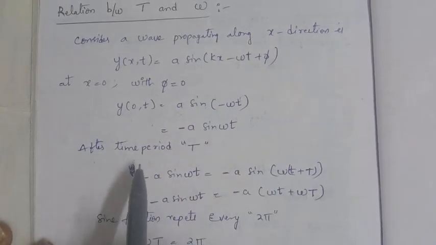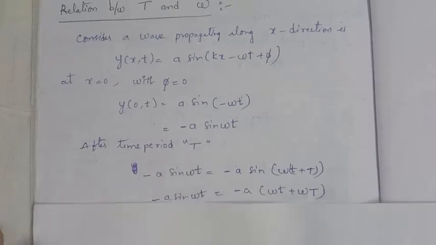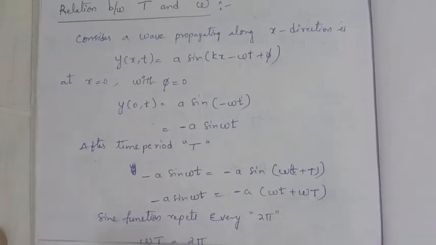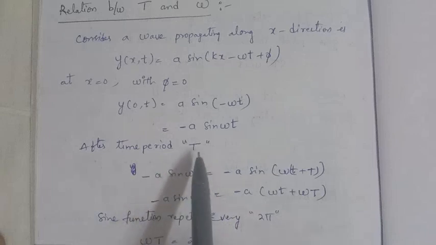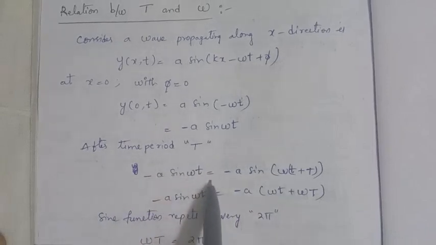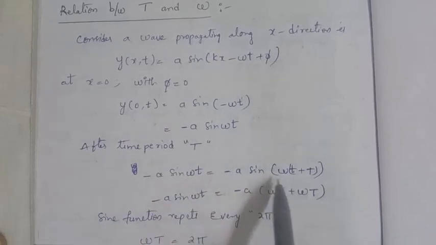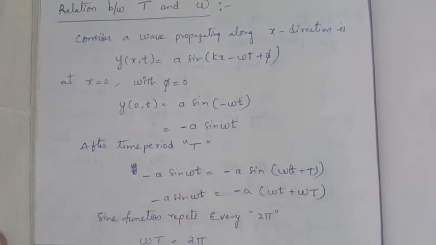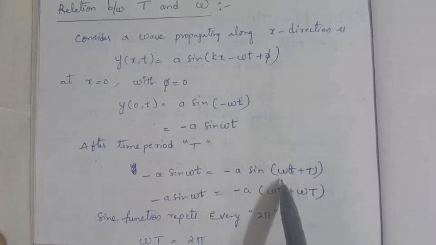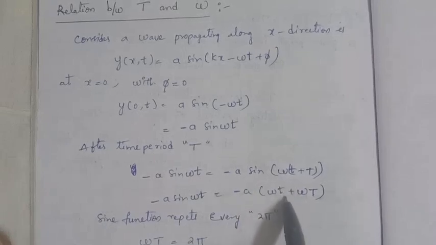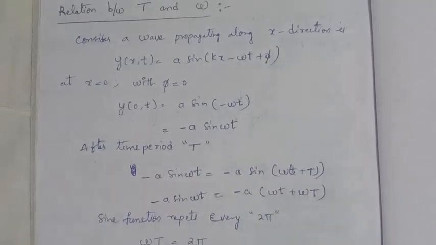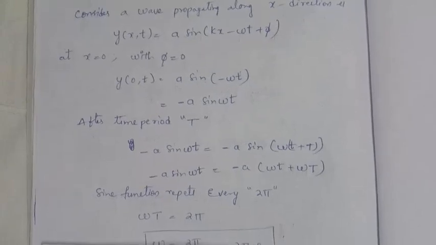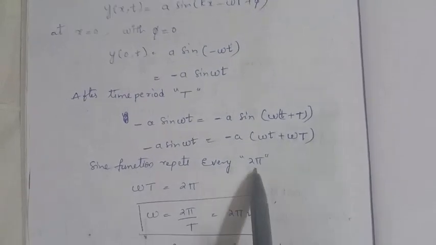After time period T, that is, to complete one wavelength, we have minus a sine omega t, and then minus a sine omega, with time t plus capital T. So the next term is omega t plus omega capital T. But here you have to remember the sine function repeats every 2 pi.